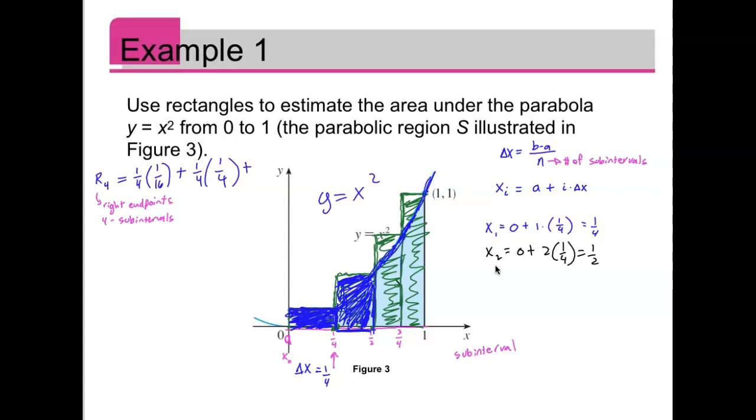Third rectangle, what's the length of the base? Plus 1/4 times, what's this height? Square 3/4, right? So 9/16. 9/16 plus, last one, 1/4 times 1 squared is just 1, right?